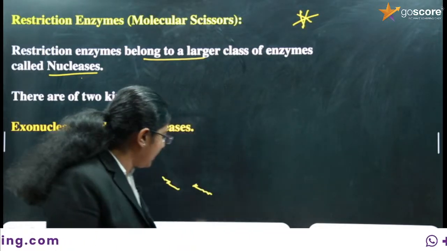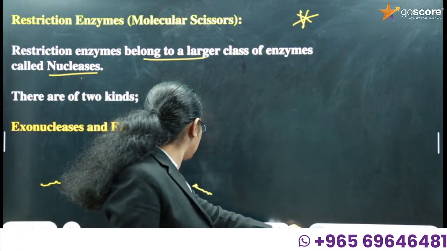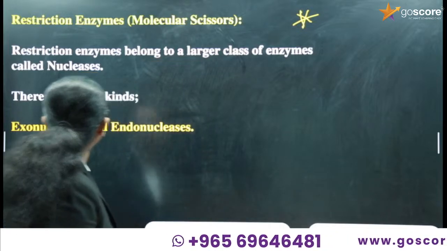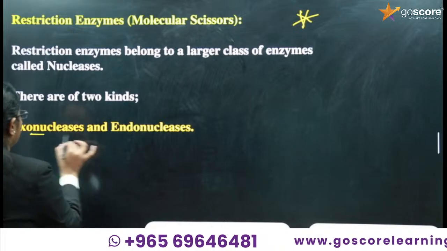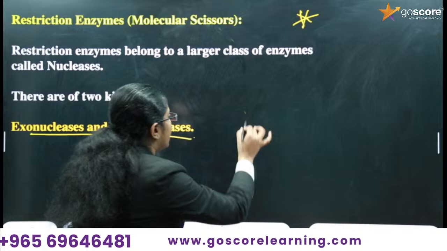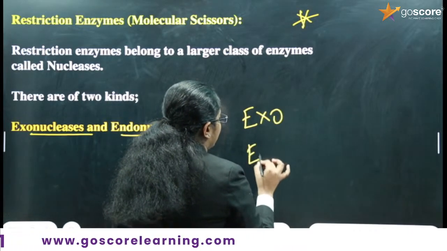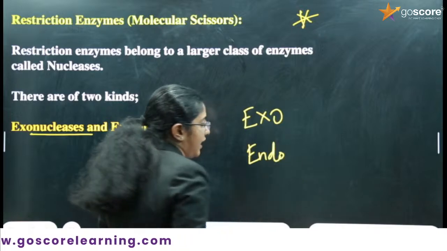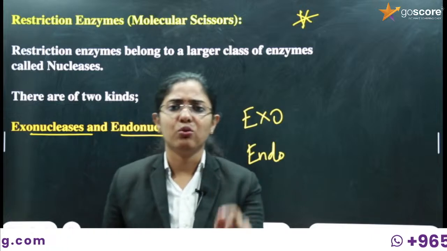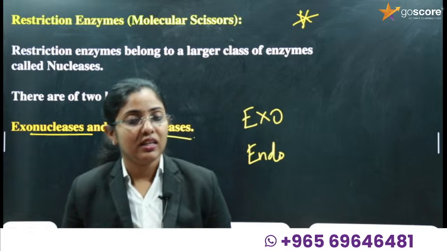So my dear students, we can say the nucleases or the restriction enzymes can be of two different types, that is exonuclease and endonuclease. From the term itself, you have to understand what is exonuclease and what is endonuclease.